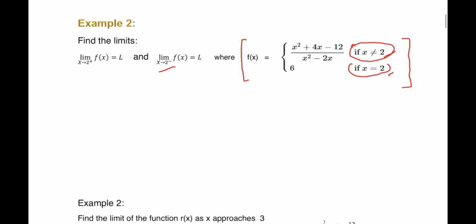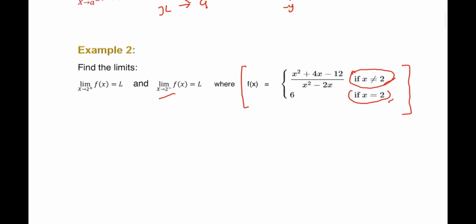When we plug 2 into the first function, we get 2 squared plus 4 times 2 minus 12, all over 2 squared minus 2 times 2.